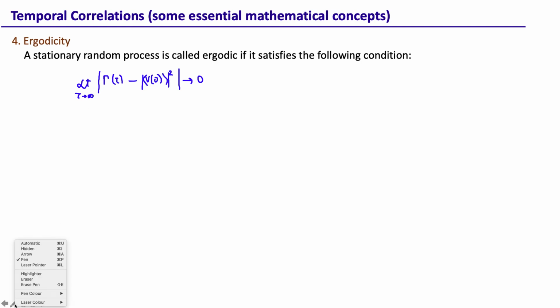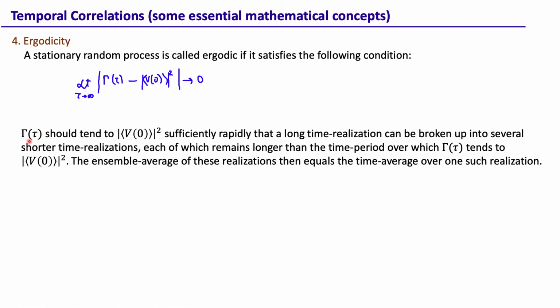Although it looks a little complicated, what it essentially means is the following: this correlation gamma of tau should tend to this quantity, and that should happen sufficiently rapidly such that a long time realization, if you take the random signal for a very long time, can be broken up into several shorter time realizations, and each of those individual realizations has to remain much longer than the time period over which this gamma tends to be this quantity.